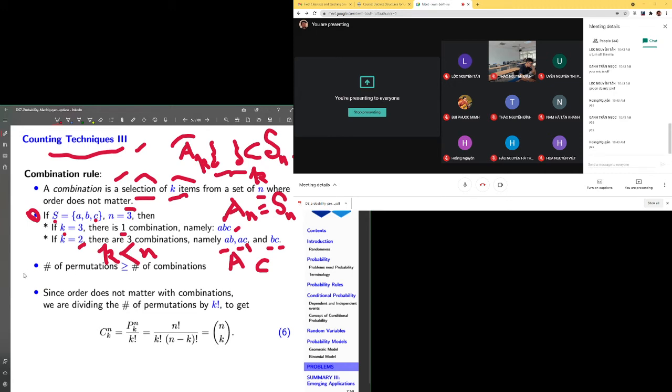By default you understand that if you allow permutation, then the number of permutations will always be bigger than the number of combinations, because the concept of permutation takes care of the ordering, and the combination does not.